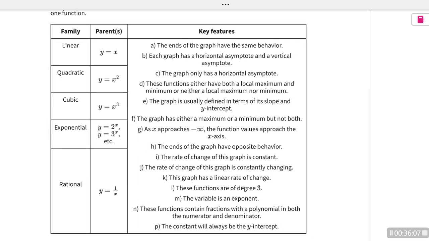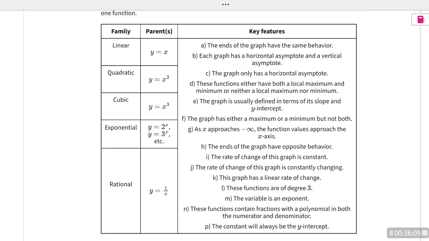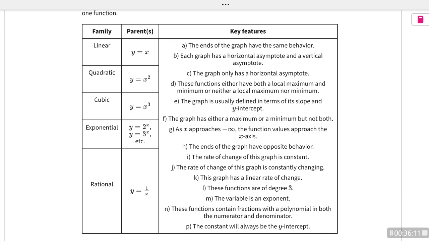Okay. So I think the best way to do this is to read each key feature at a time and then figure out which ones it applies to, rather than rereading these key features over and over. So A, the ends of the graph have the same behavior. Well, that's definitely not linear.